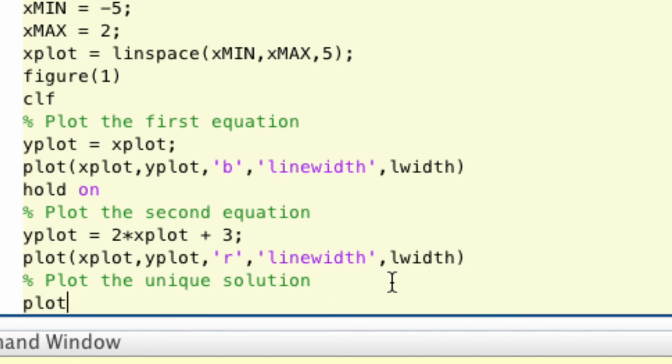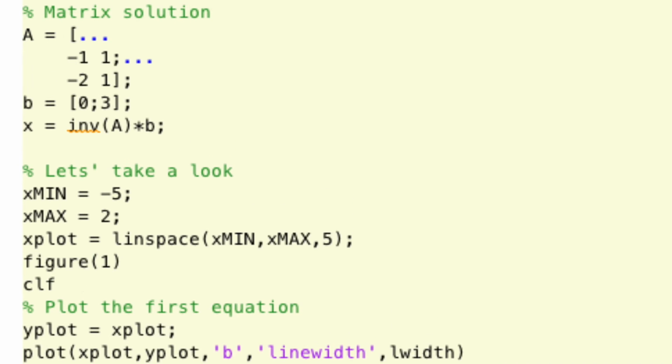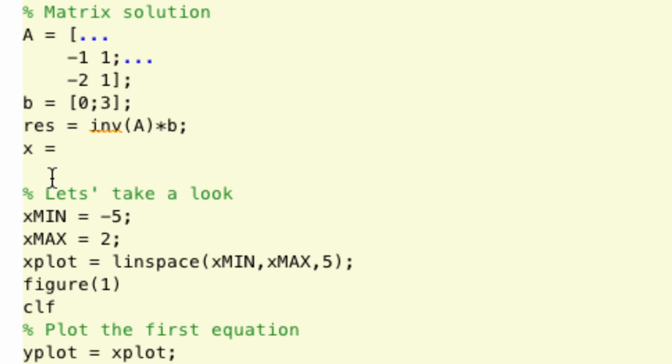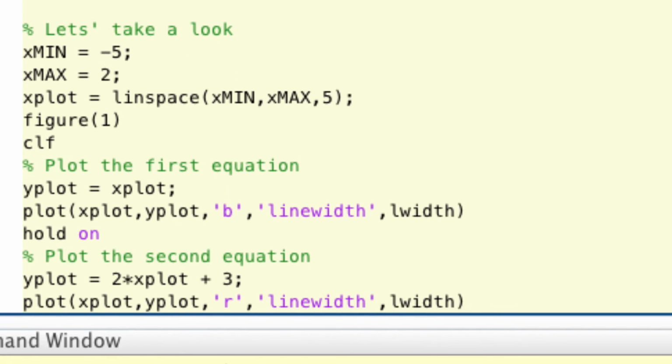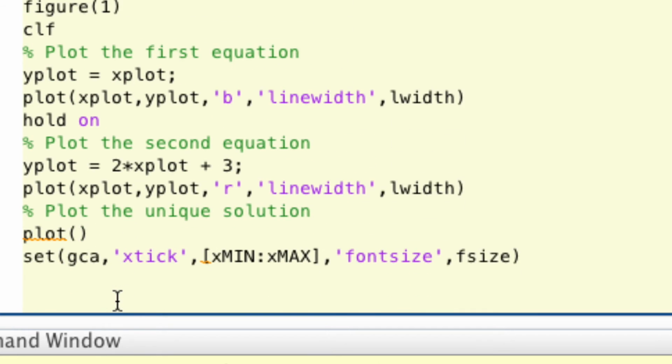So we plot, or maybe let's call this the result, because then x equals the first element in the result and y equals the second element in the 2 vector that we get out of our solution. So then we plot the solution. So this would be x, y, and it's only 1 point.